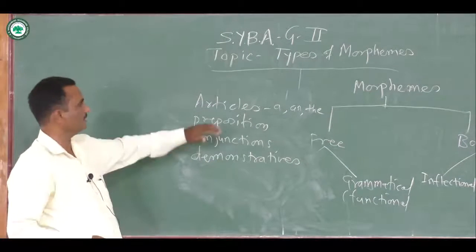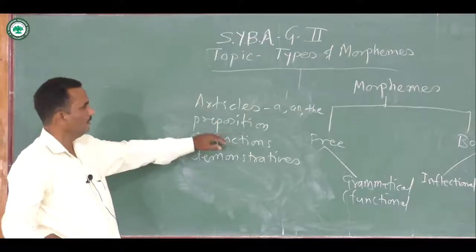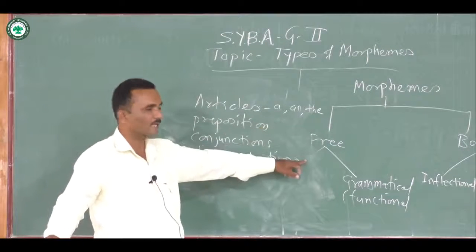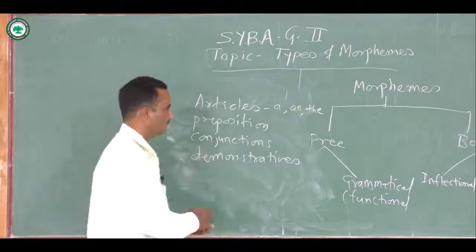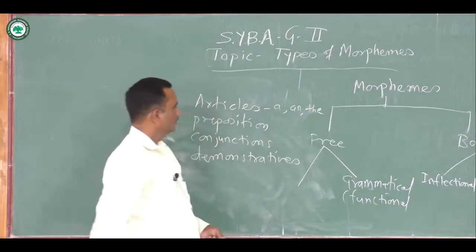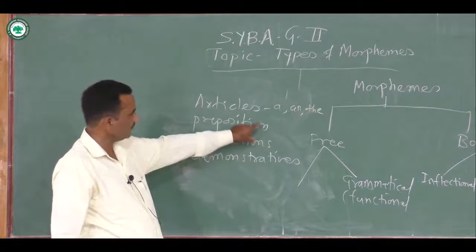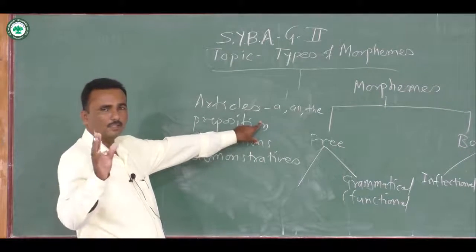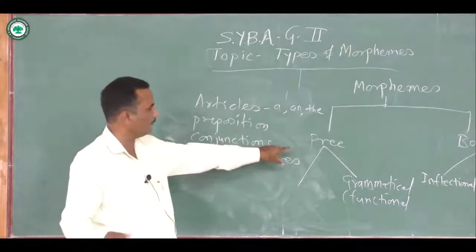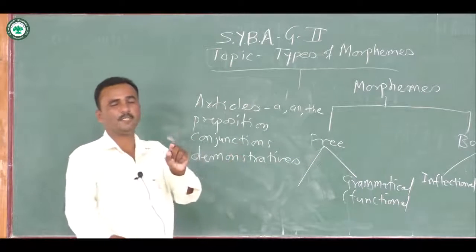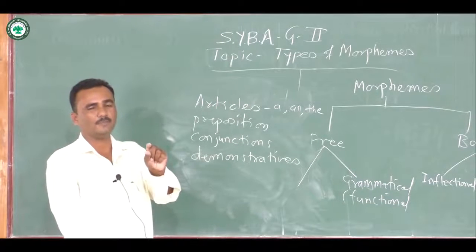So remember, this is called the closed class category. They are free and independent morphemes. Remember, lexical morpheme is a type of free morpheme. Free morpheme is independent morpheme. They can stand alone for meaning.